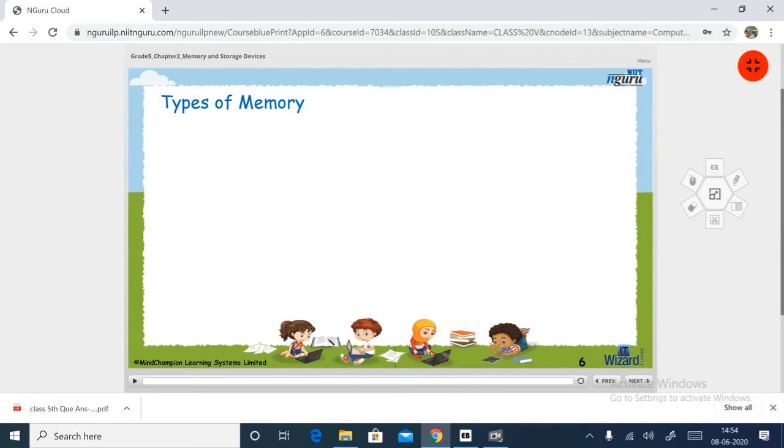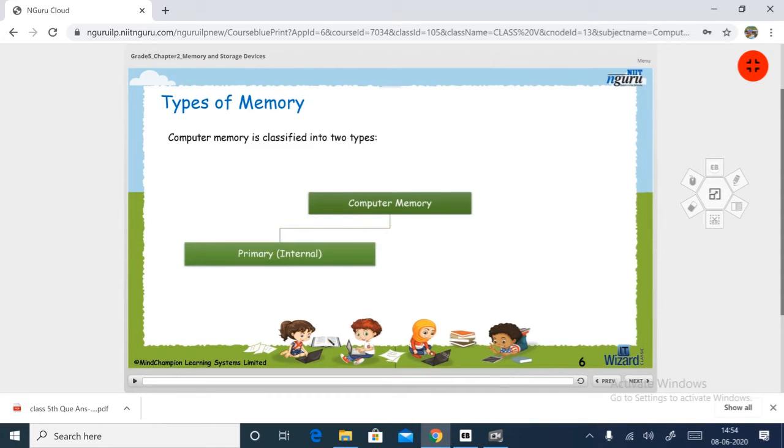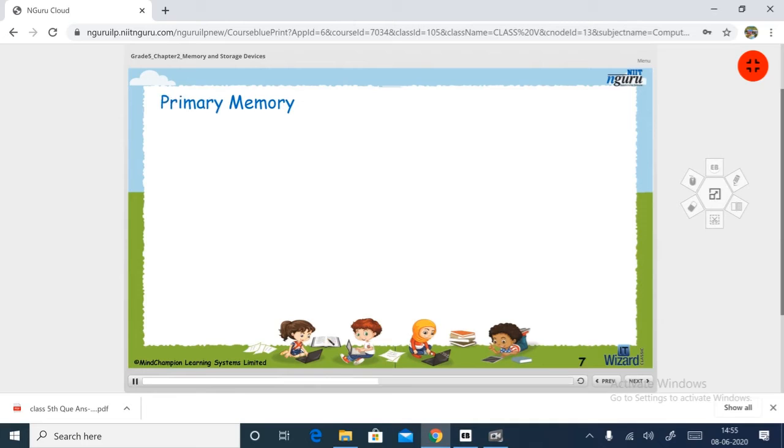Now, the next topic is types of memory. Computer memory is classified into two types: primary memory, which is known as internal, and secondary memory, which is known as external. So, let's go through these memories. Primary memory is also known as internal memory.